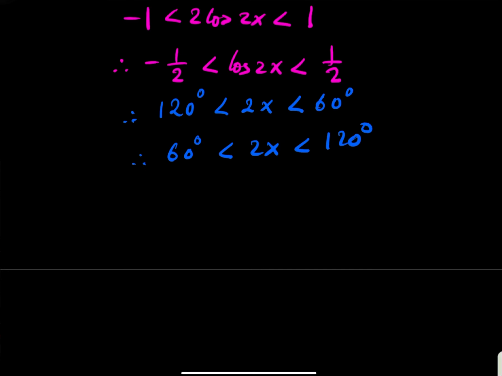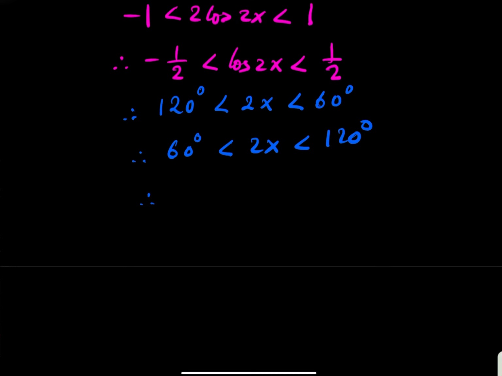You can now divide throughout by 2, and you're going to get 30 degrees. Your x, that is going to be 60, I guess, degrees. Yeah, this is going to be your solution.